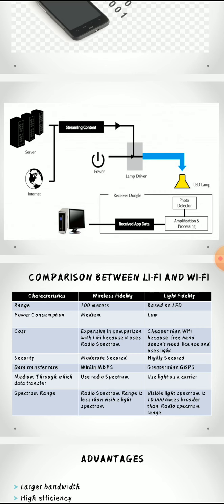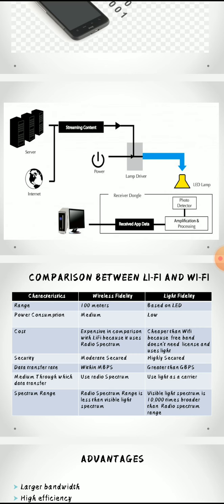In our next slide we will talk about the comparison between Li-Fi and Wi-Fi. If we talk about range, Wi-Fi range is 100 meters, while Li-Fi range is based on the LED. In the context of power consumption, power consumption in Li-Fi is low as compared to Wi-Fi.